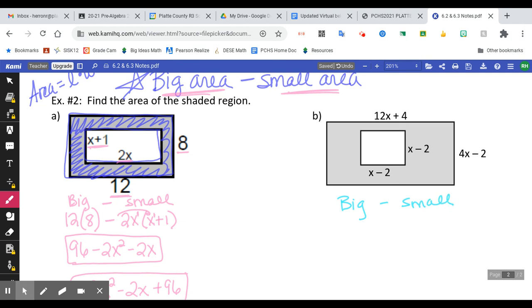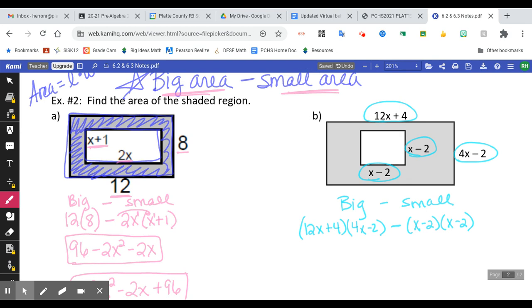Okay, the big rectangle is 12x plus 4 times 4x minus 2, minus the small, x minus 2 times x minus 2.